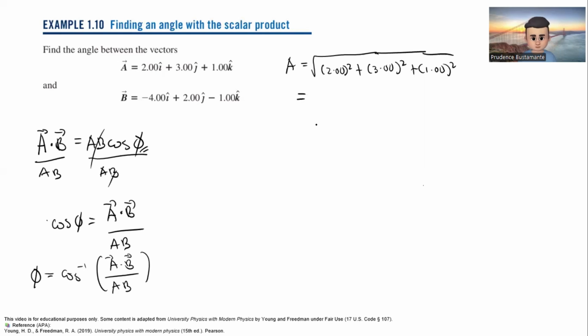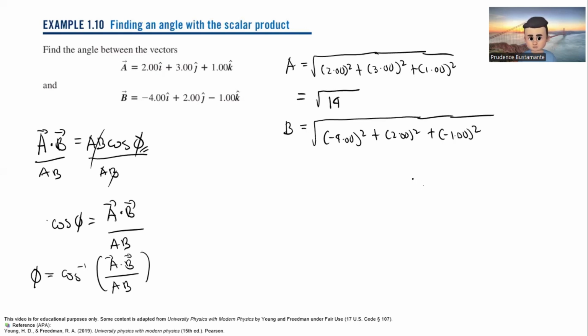2 squared plus 3 squared. So this is enough: square root of 14 is enough. So the magnitude of B is just the square root of negative 4.00 squared plus 2.00 squared plus another negative.